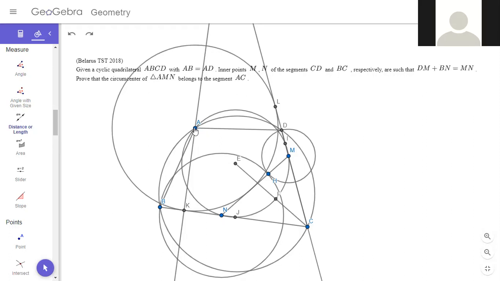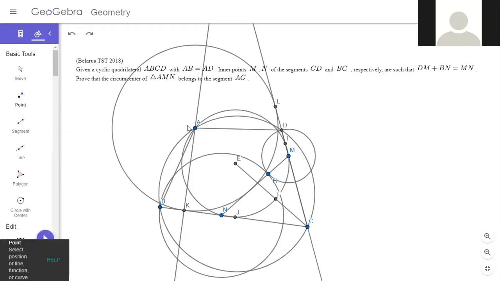So I think, yeah, I think I have a way of writing this. It's just a little awkward. So what if I draw some point A prime?